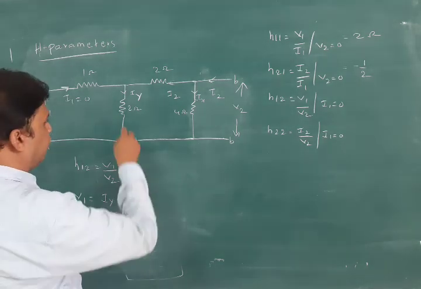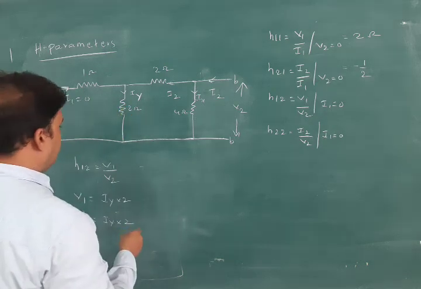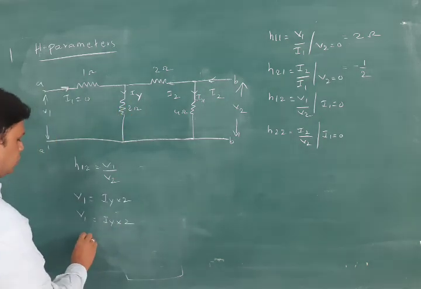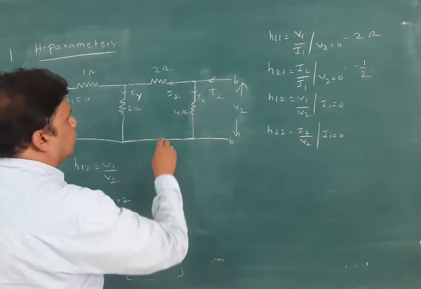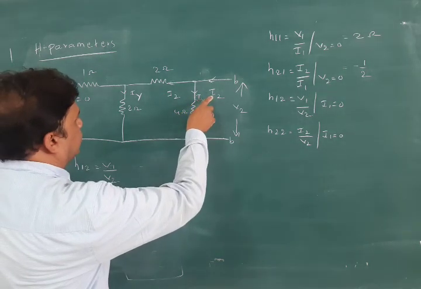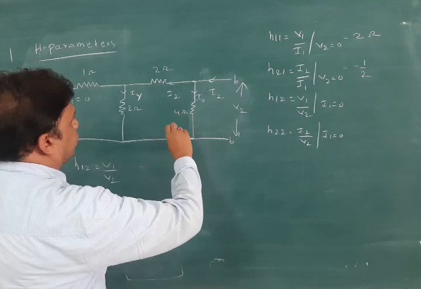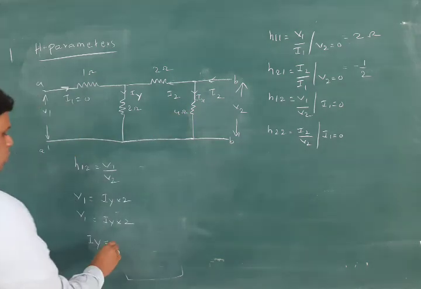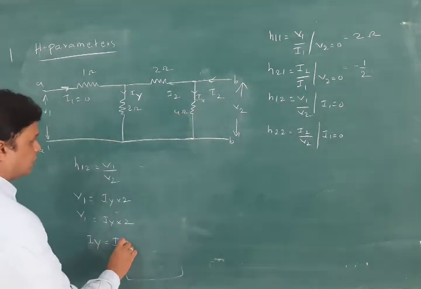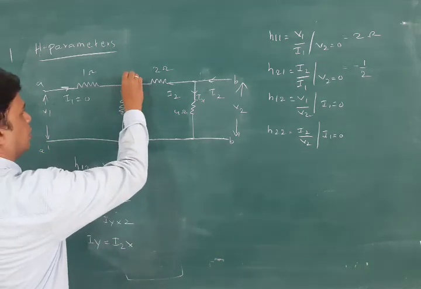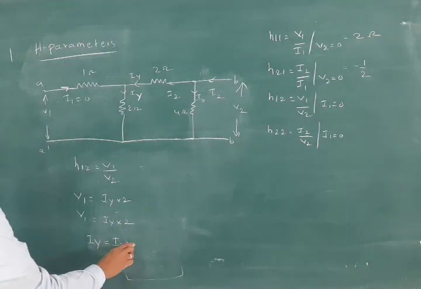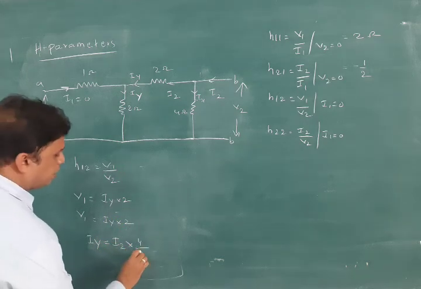So here V1 is equal to Iy into 2, and if you want to find Iy, how do you find it? Iy is equal to total current into opposite resistance by total resistance, 4 by 8.